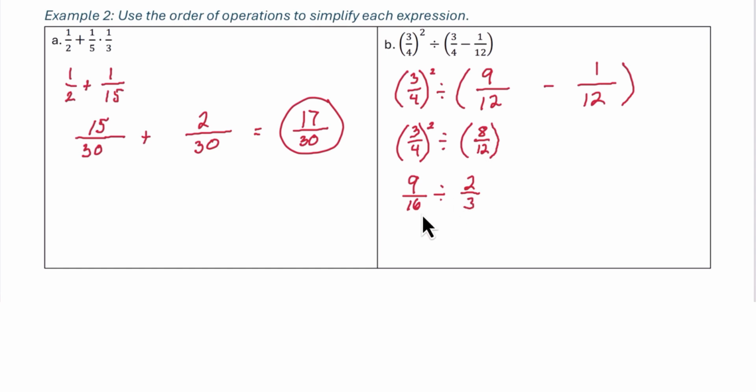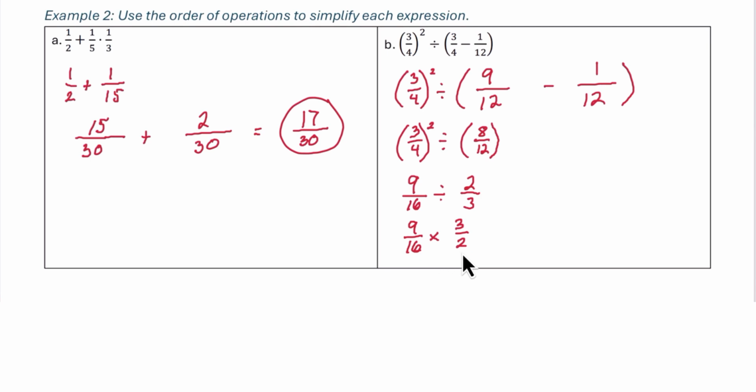Now we're dividing fractions. Remember, to divide fractions, we keep the first one the same, we change it to multiplication, and then flip the fraction. Keep, change, flip. Keep the first one the same, change to multiplication, flip the second fraction.